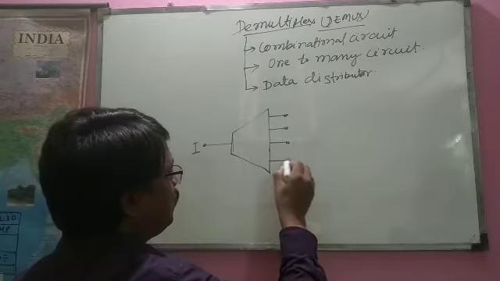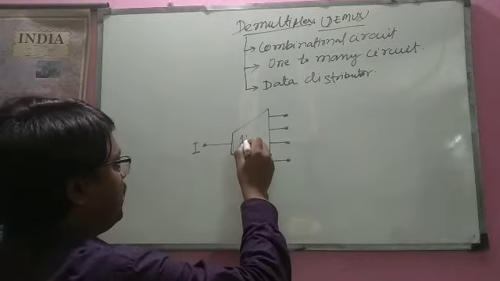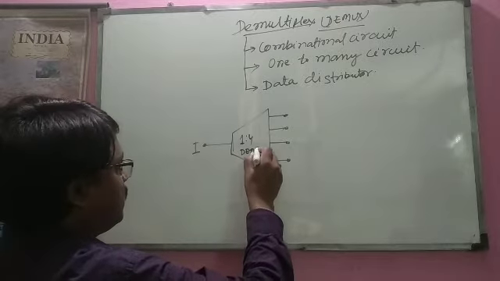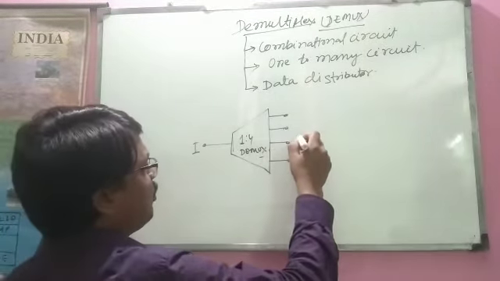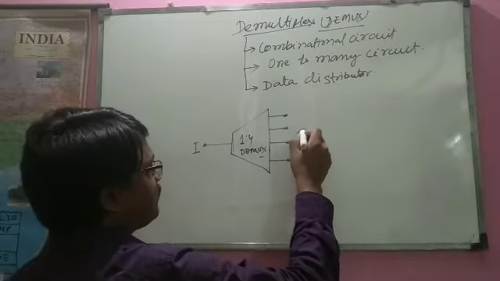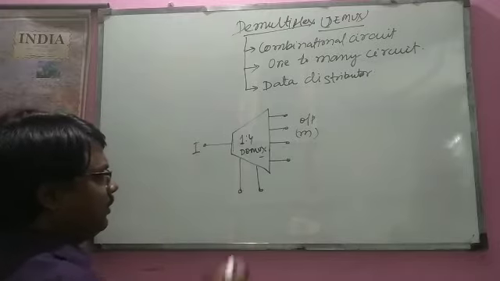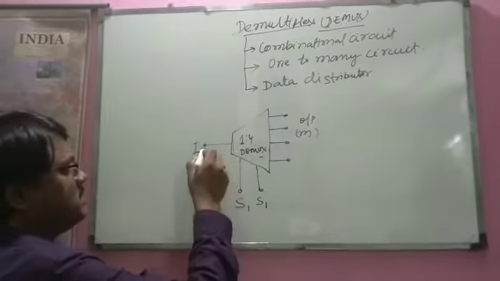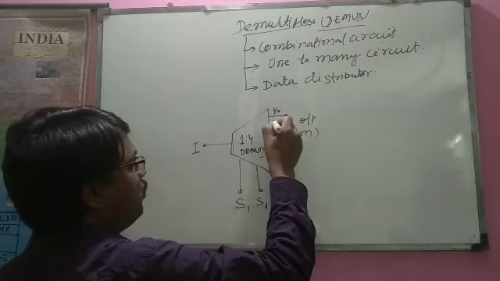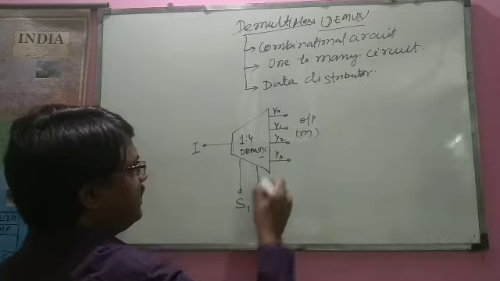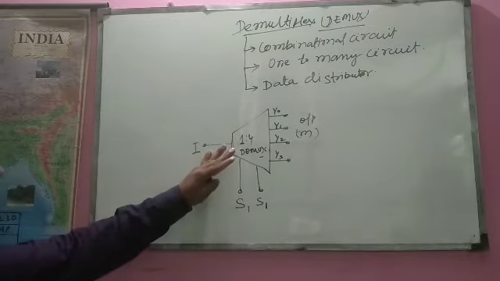Here we are just taking the example of a 1:4 DMUX, because all the others are similar. If the number of outputs is, let us suppose, m, then depending upon the select input, this input will be connected to one of the outputs, Y0, Y1, Y2 and Y3.